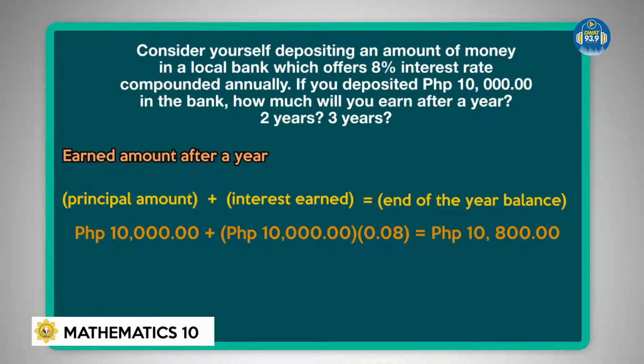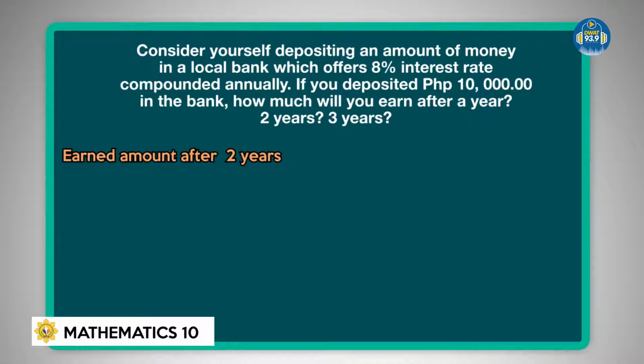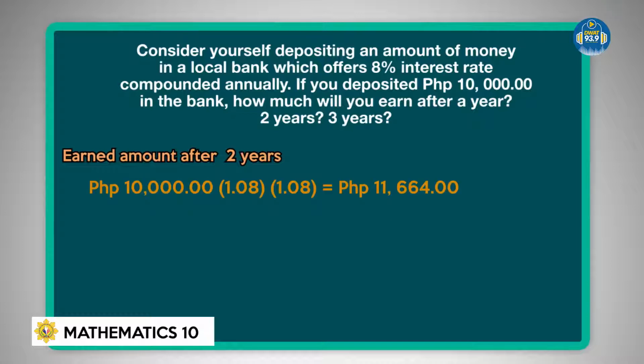10,800 pesos. How much will you earn in 2 years? 10,000 pesos times 1.08 times 1.08 equals 11,664 pesos. How much will you earn in 3 years?